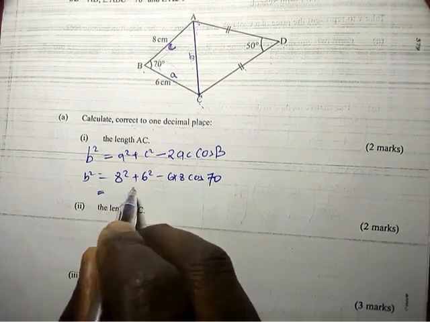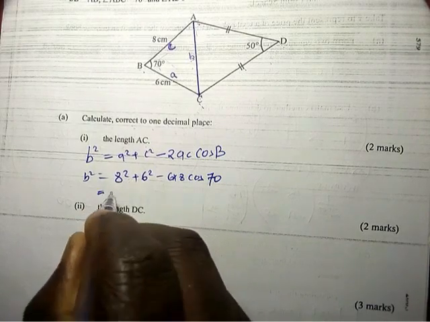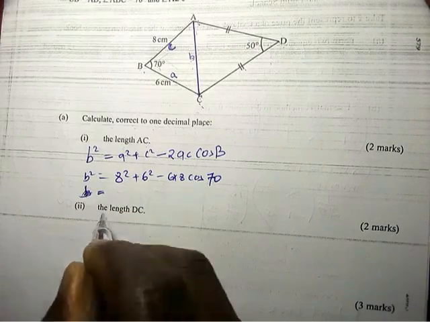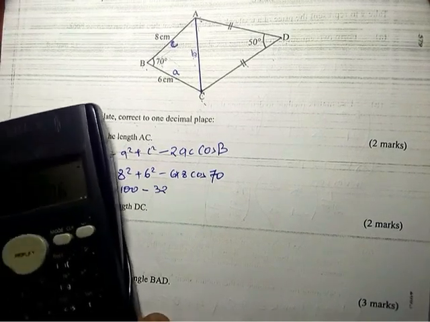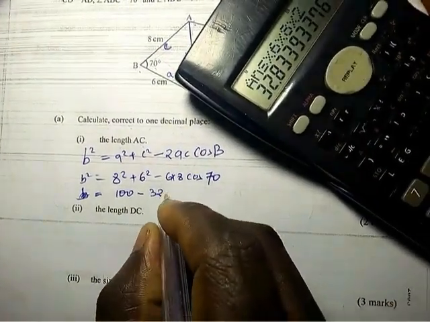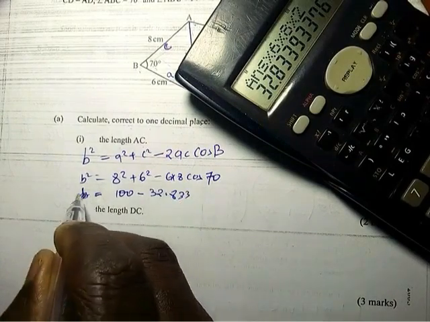When you multiply everything here, step by step, it gives us 32.833, that is b square.